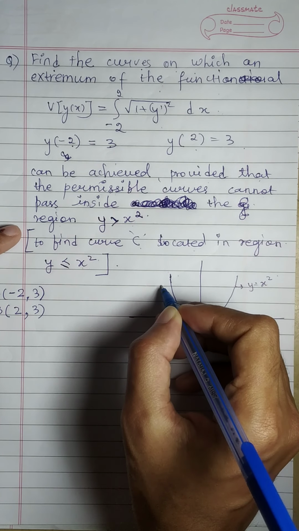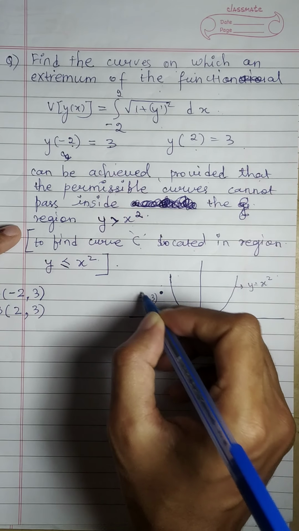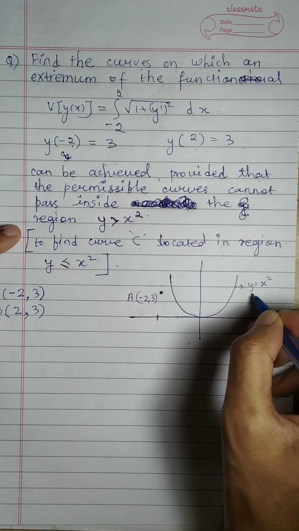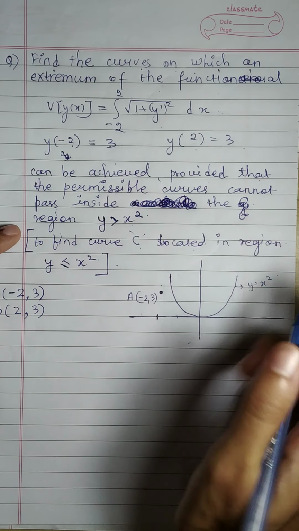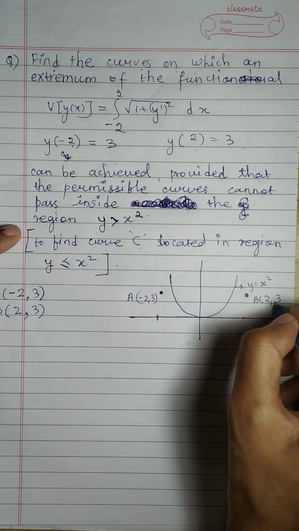Suppose that point is here, -2, 3 is the point A, and correspondingly we will get point B, which is 2, 3.